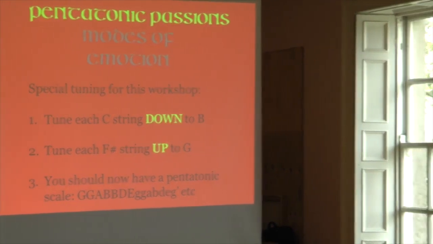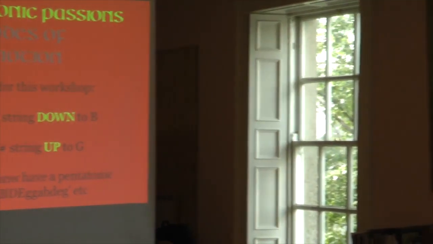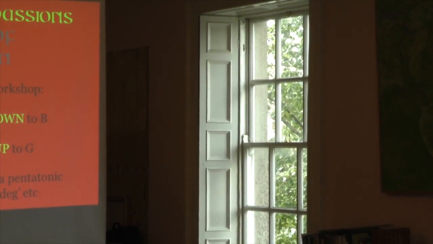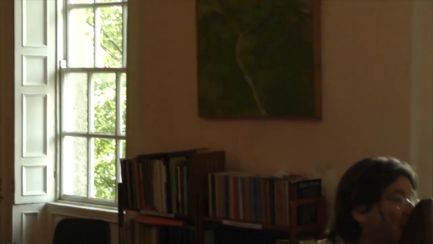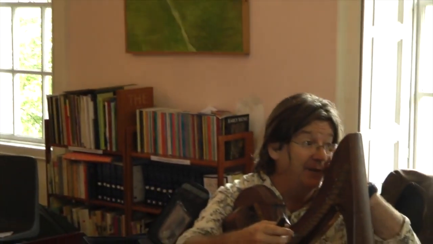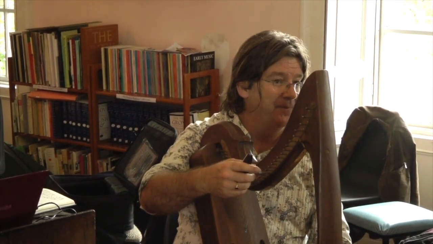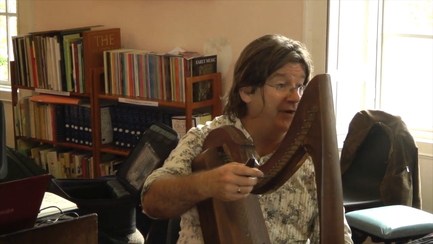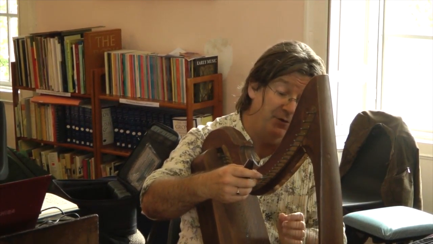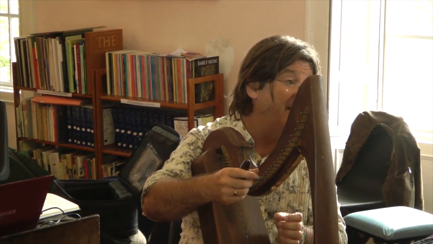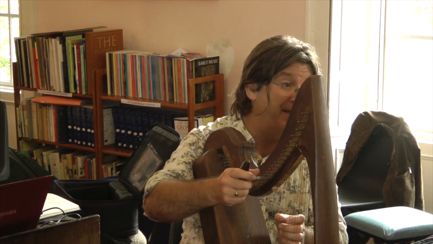Could you just get your tuning key in your hand? A harp without a tuning key is like a car without an ignition key. Could you lend her a... Find your C string, whichever octave you want to work in, and just tune it down a little bit till it's the same as the B string.